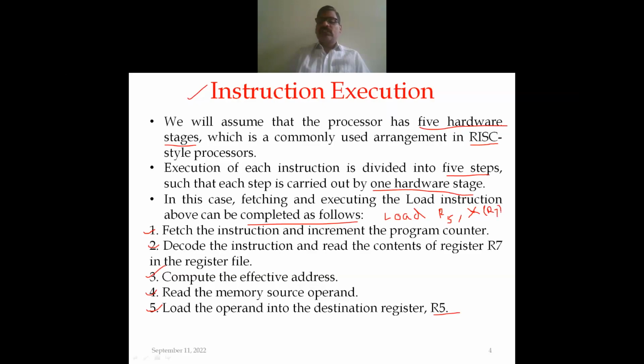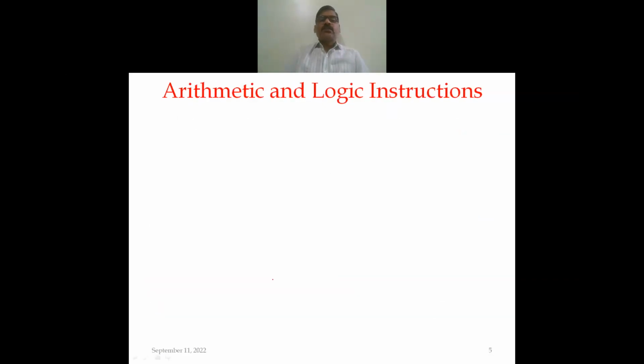To execute this instruction, the processor uses these 5 steps or stages: fetching the instruction and incrementing the program counter, decoding the instruction and reading the contents of the register, computing the effective address, reading the memory source operands, and loading the operand into the destination register. That is what we are doing here.